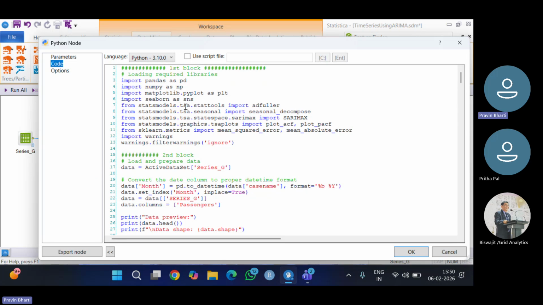We have imported TSA, which stands for time series analysis. From time series analysis, I have imported ADFuller, that is Augmented Dickey-Fuller, seasonal decompose, SARIMAX, plot ACF, PACF, mean squared error, mean absolute error. These libraries will be used for the time series analysis, and this is for the model evaluation like RMSE, MAE, MAPE.